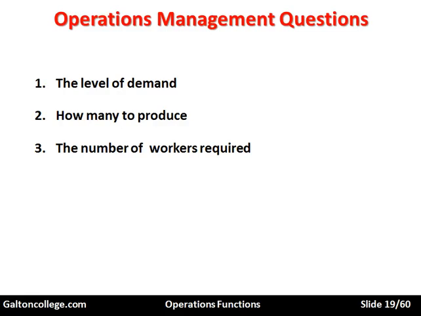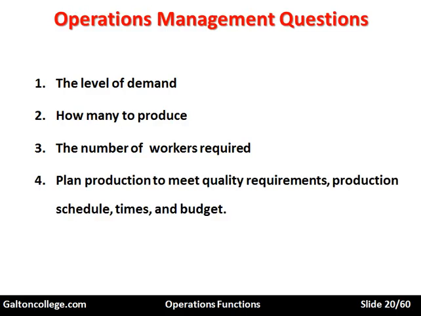It'll need to work out the number of workers. It needs to work out how many of the item to produce, and also how many workers are required to do this. And it needs to plan the production to meet the quantity and quality requirements that have been determined in the earlier schedules.